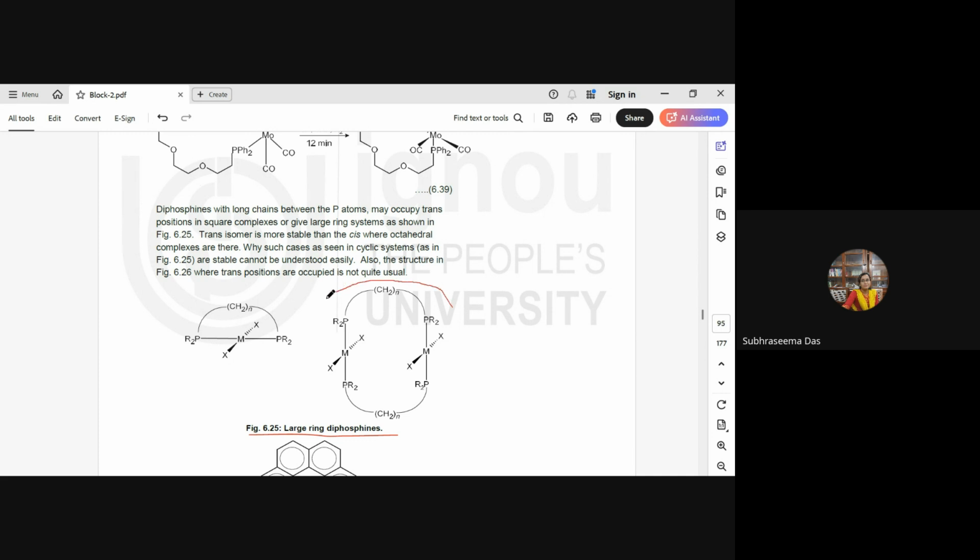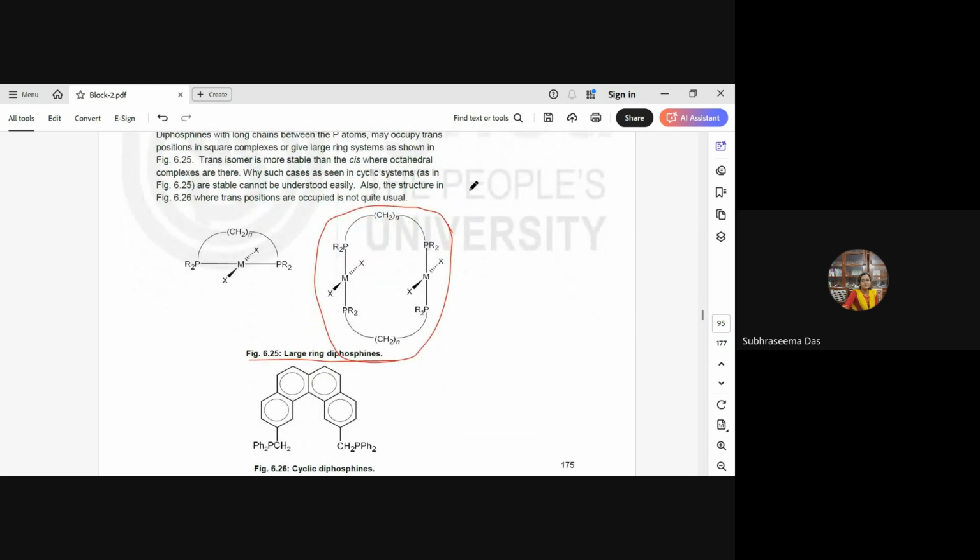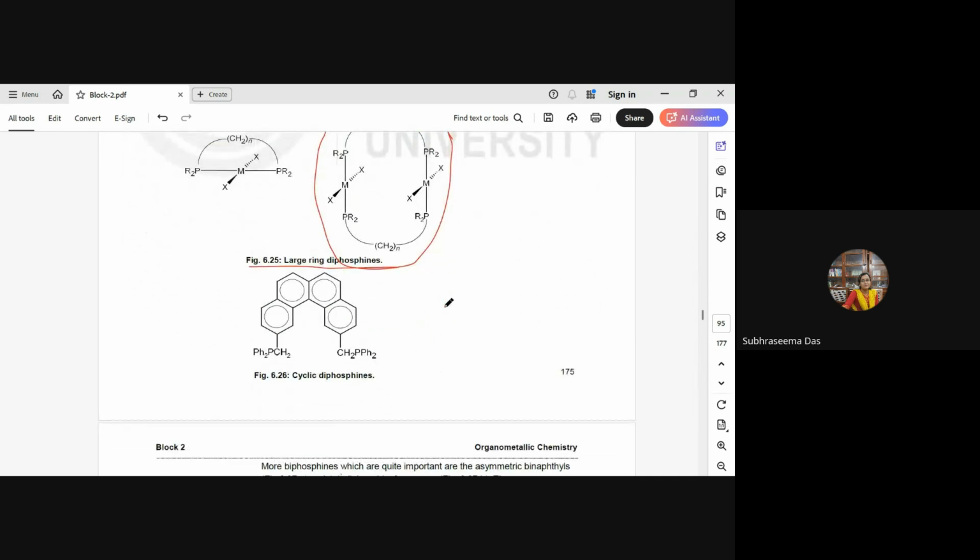The trans isomer is more soluble than the cis, where octahedral complexes are very rare. It is not easily understood why the trans isomer is more stable than the cis when octahedral complexes are present, but this is what has been found.